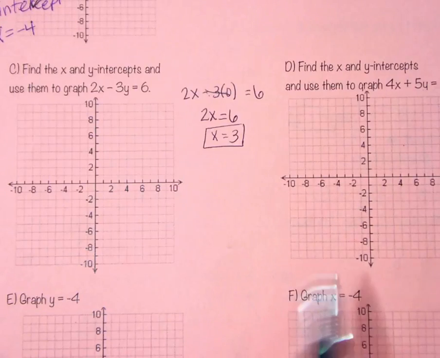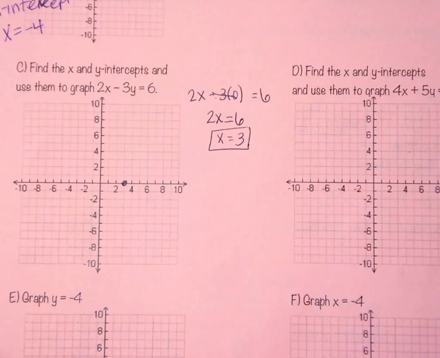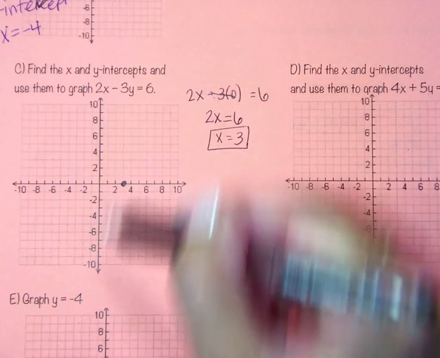So we can take that x-intercept, we can plot that point on our x-axis, and then we can do a similar thing to find the y-intercept. So again, what do I know about any y-intercept?